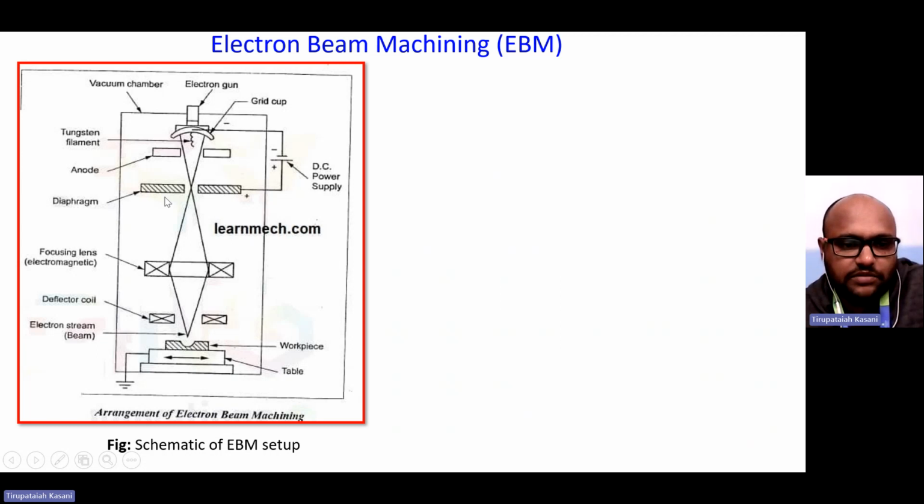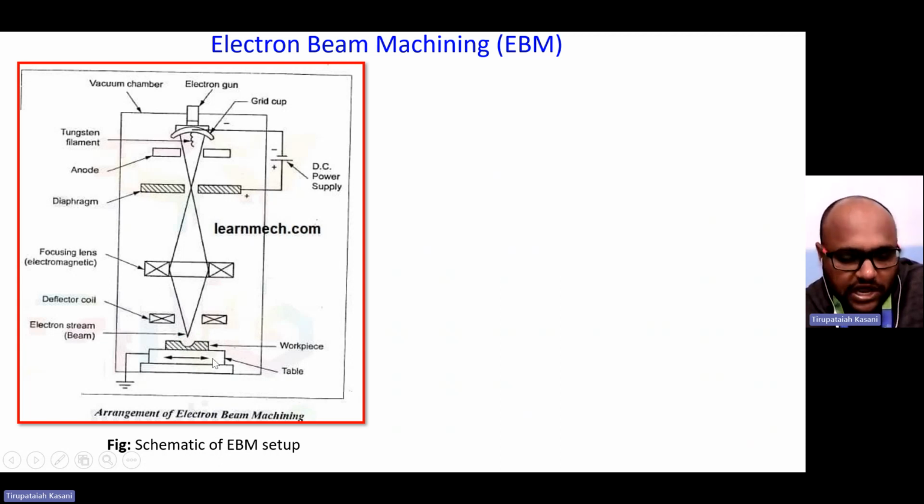These electrons will be guided using this diaphragm, and the high speed electrons will pass through it like this. And here is the focusing lens or electromagnetic lens, which focuses the electron beam at a particular point, that is, over the top surface of the workpiece.